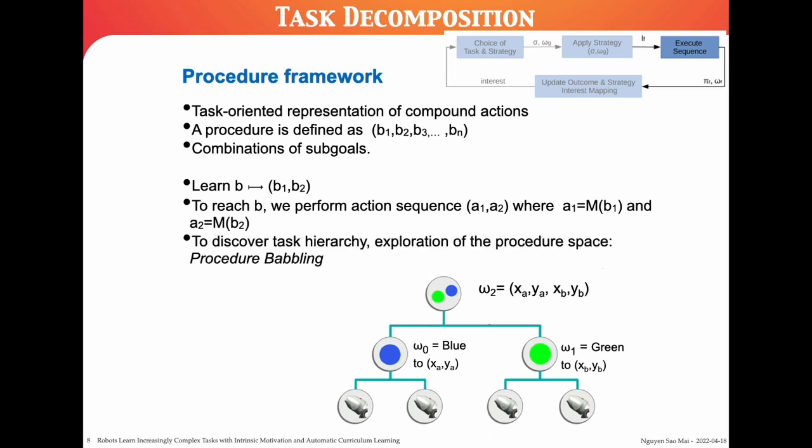And to discover task hierarchy, the robot explores the procedure space, and we call this procedure babbling. This is the procedure that is found to associate omega 2 and the procedure omega 0, omega 1.